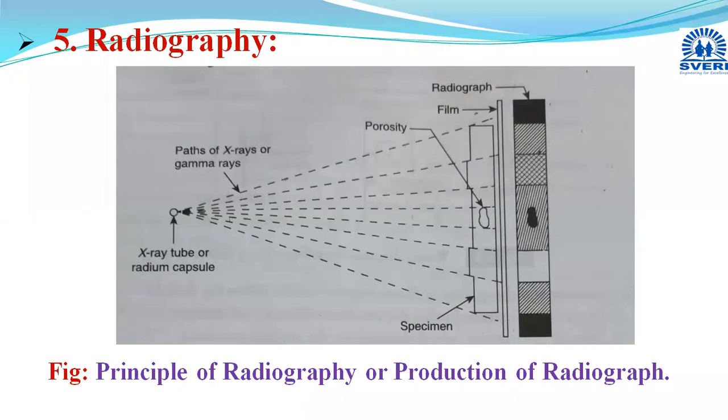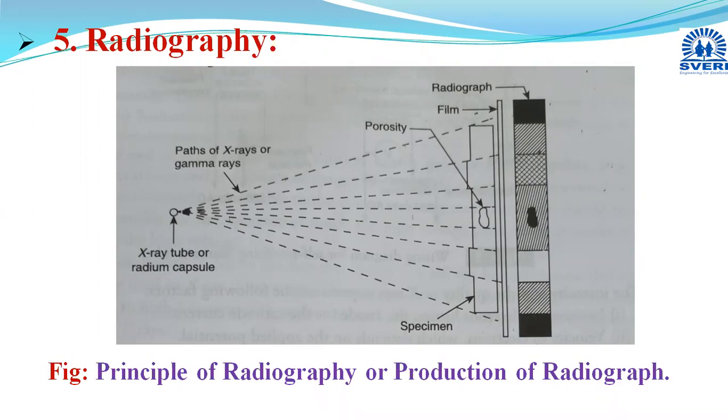Now X-rays are obtained from the X-ray tube and gamma rays are obtained from different radioactive elements like radium and cobalt. Generally we use cobalt-60, and from that gamma rays are obtained. Depending on the use, if we are using X-rays, that radiography is termed X-ray radiography, and if we are using gamma rays to detect the defects present in the component, then it is termed gamma ray radiography.